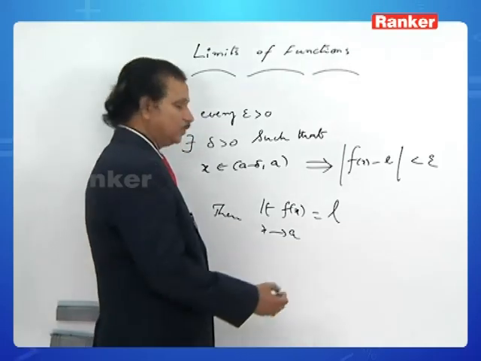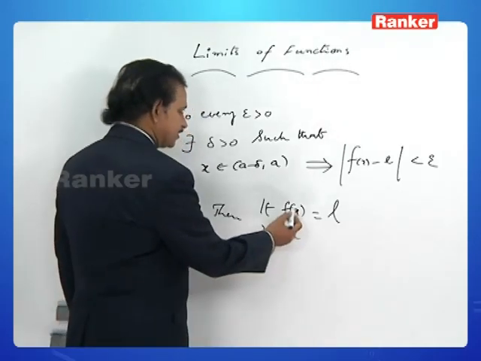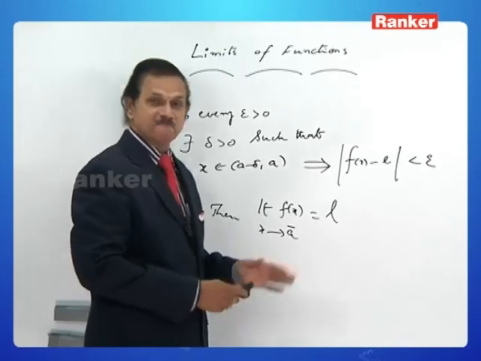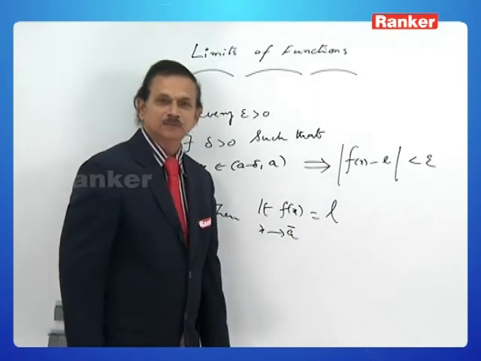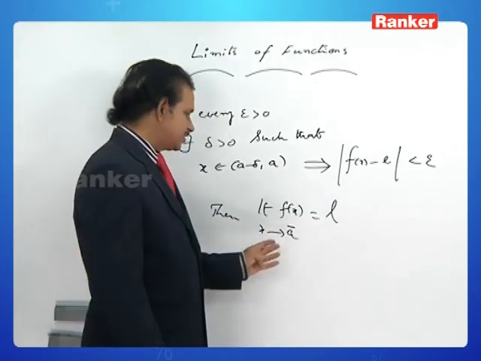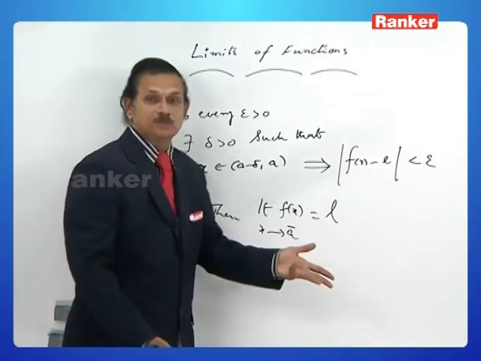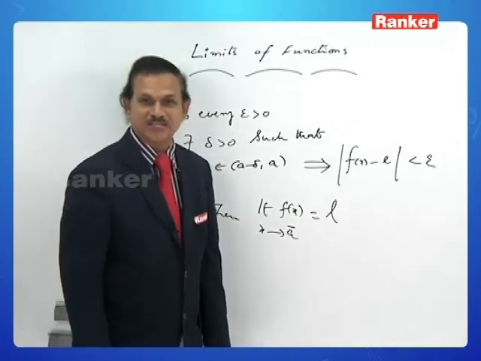In this case, we say that limit of f of x as x tends to A from left is equal to L. We are not supposed to read it as limit of f of x as x tends to a minus. That is not the proper way to read it.